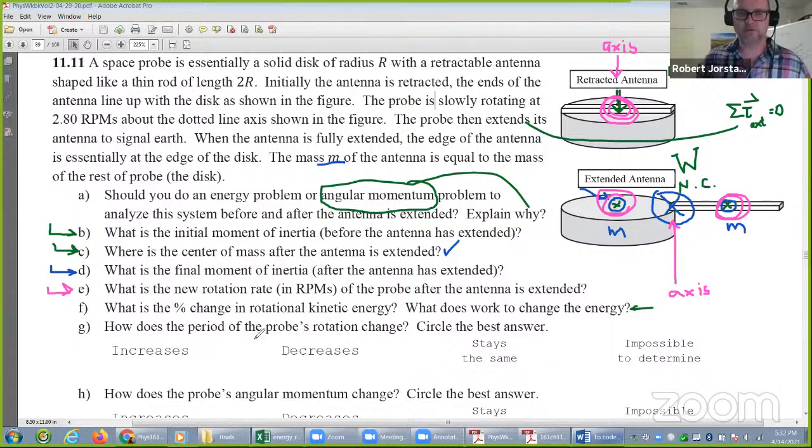What would you do? Just kind of walk me through your thought process, how you might attack this problem. We're supposed to figure out the new rotation rate in RPMs. What do you think?